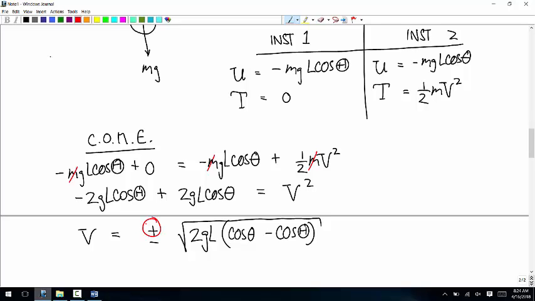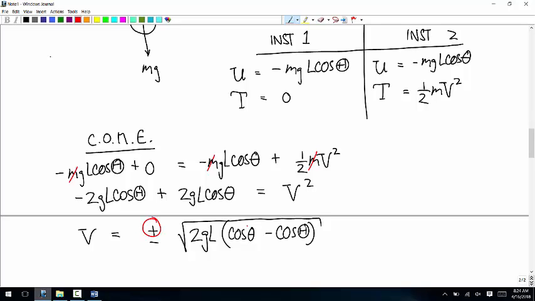What happens if that cosine of lowercase theta is smaller than this one? Then you have a negative in here, and you get imaginary answers. What does that mean physically? Think physically about what happened. If I hold it up to here and let it go, there's no friction or loss of energy.